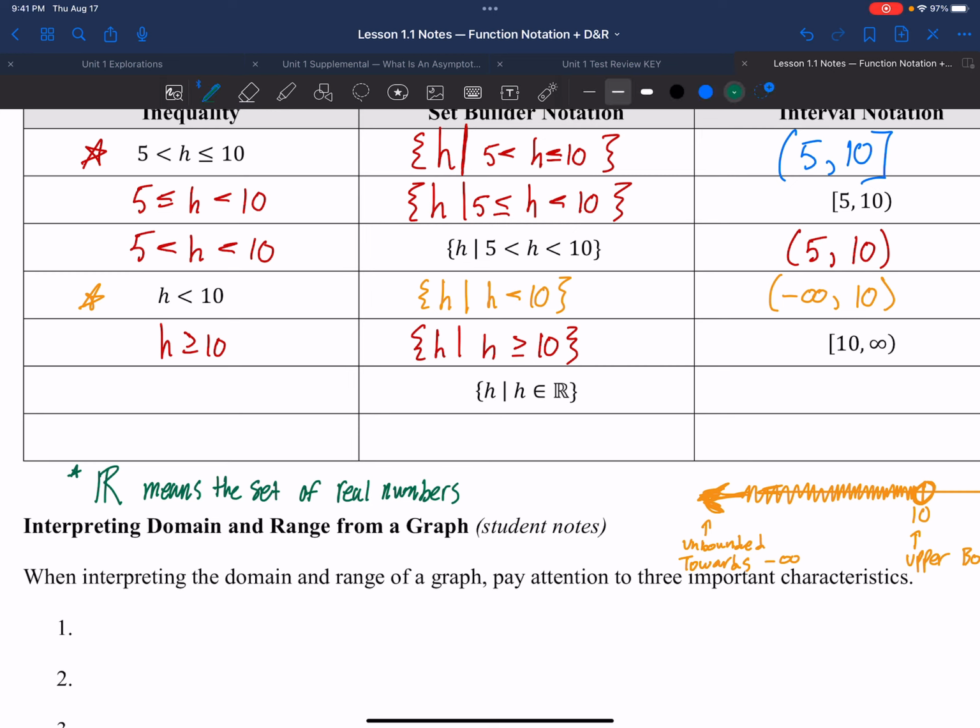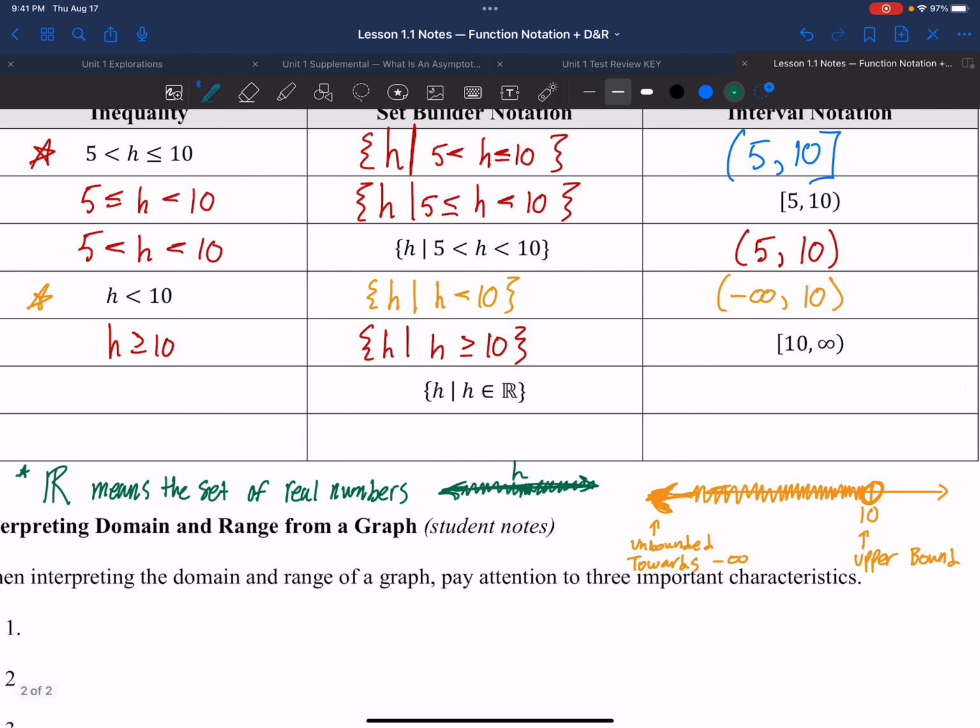I could draw a number line like this, and you see h could be anything. It could be here, it could be here, it could be here, it could go all the way out here. The set of real numbers right here is not bounded. It has no upper bound and no lower bound.